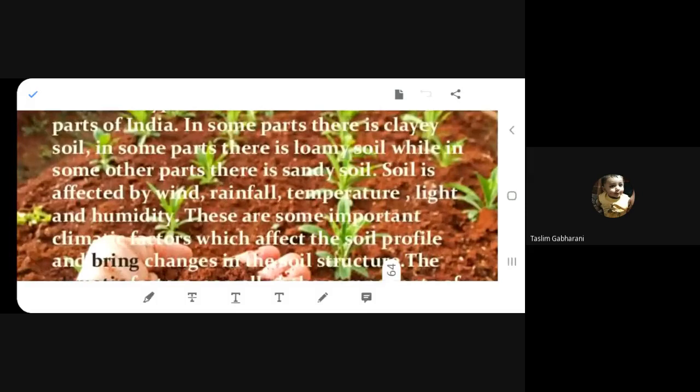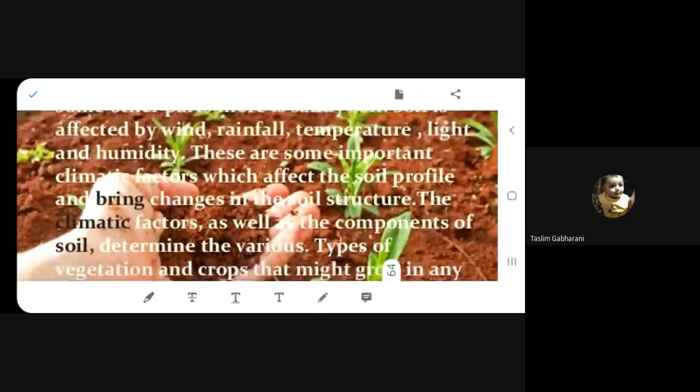And this is not man-made, this is natural. So these are the climatic factors which make the soil profile. And obviously the changes that you get in the soil profile or structure depend upon the climate. So the climate as well as the soil makes the difference in vegetation. According to the soil, we grow vegetation.